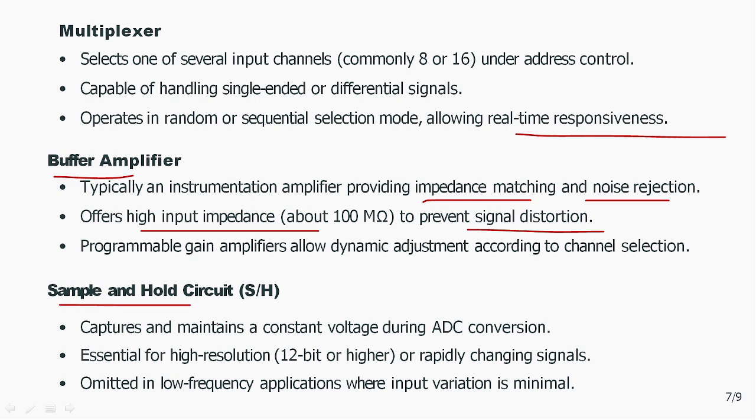Then we have the sample and hold circuit. It captures and maintains a constant voltage during analog to digital conversion, and is essential for high resolution or rapidly changing signals, and it can be omitted in low frequency applications where input variation is minimal.